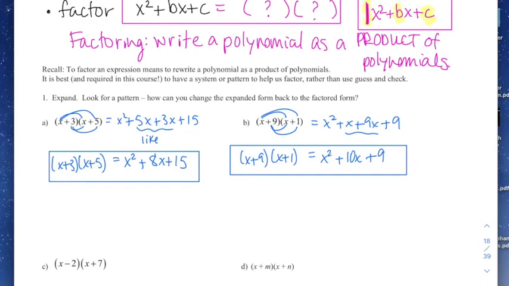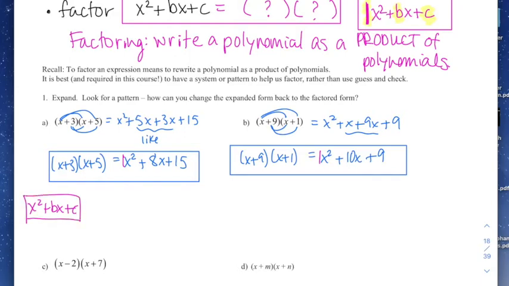The first thing I want us to notice is that the expansions, the results, are all in the form of x squared plus bx plus c, because the coefficient of x squared on both of these is 1. I can see that 8x plus 15 and x squared plus 10x plus 9 both follow this pattern.